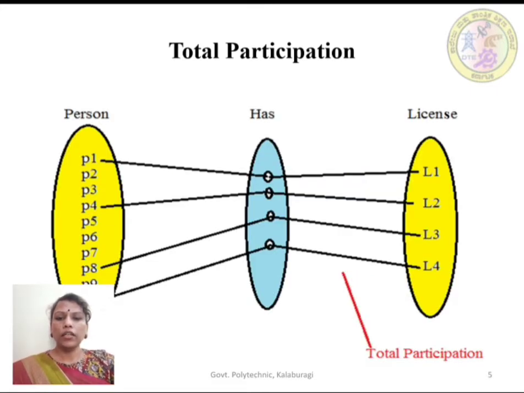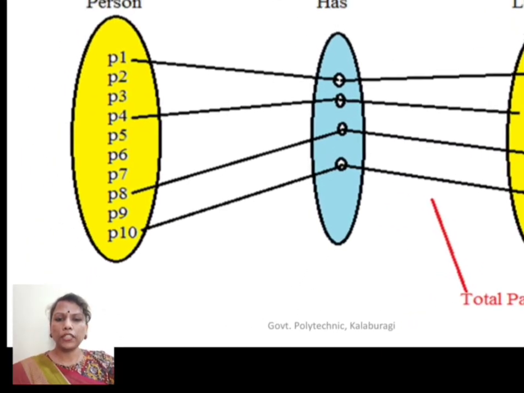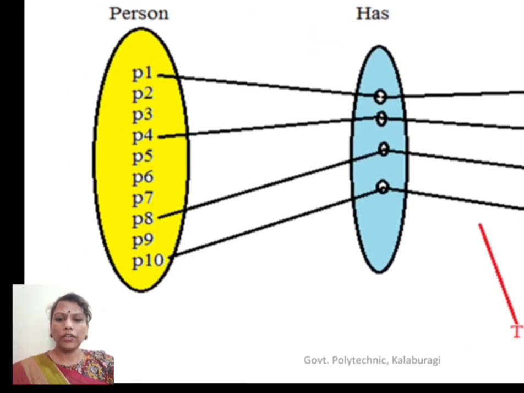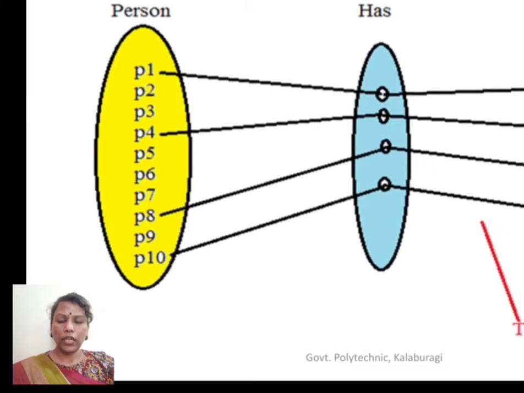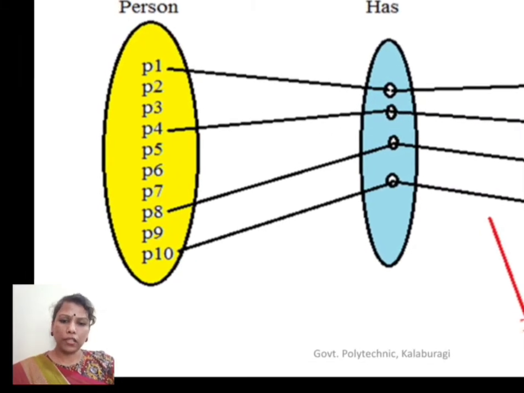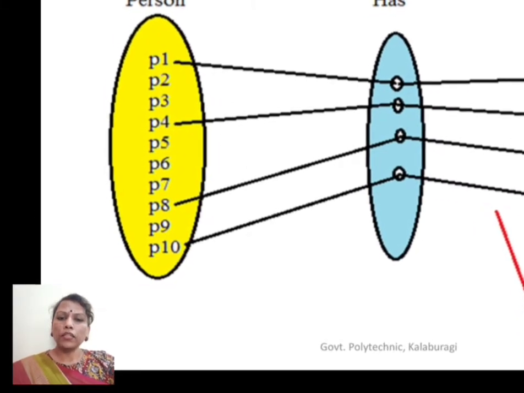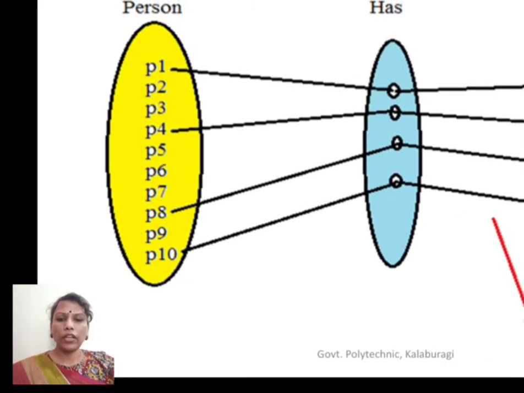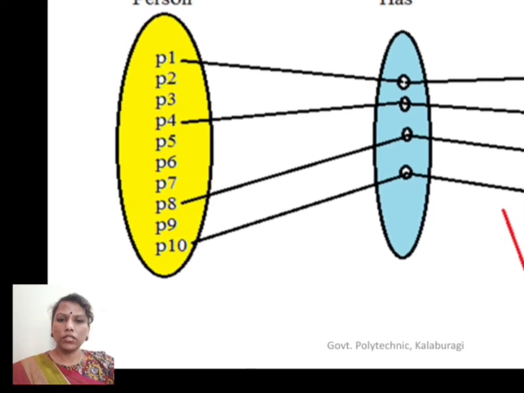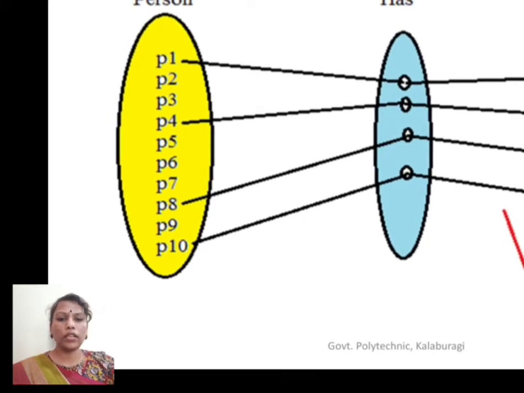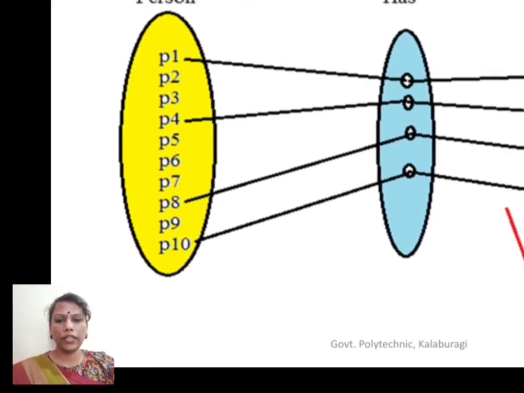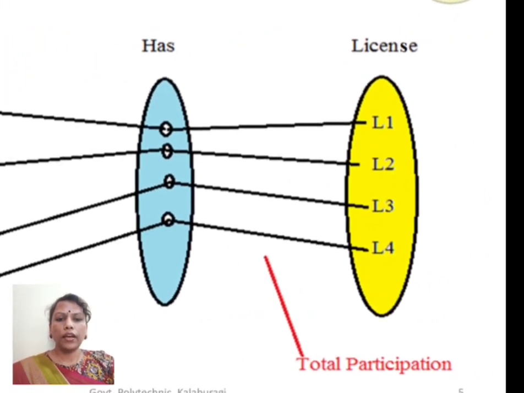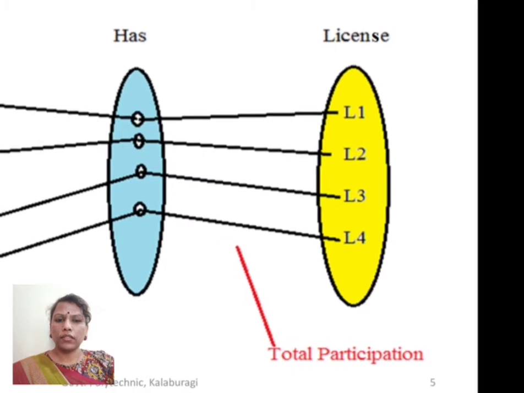See here, we have the person entity type. So here we have 10 person instances. The entity type is person and the person instances are 10. We have 10 instances of person type, that means we can call it 10 entities of person entity type. And here we have the license entity type.